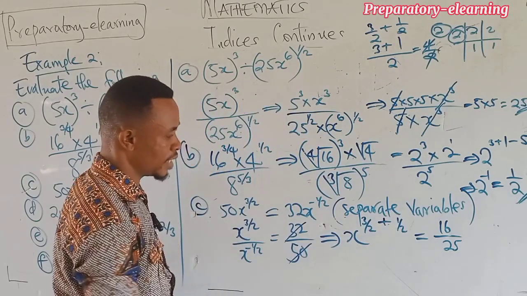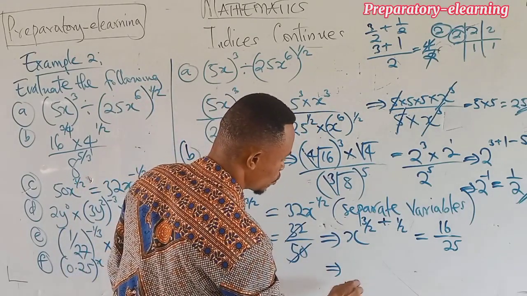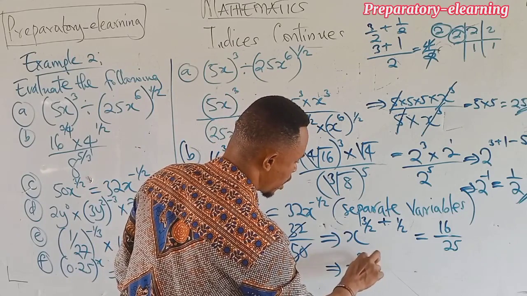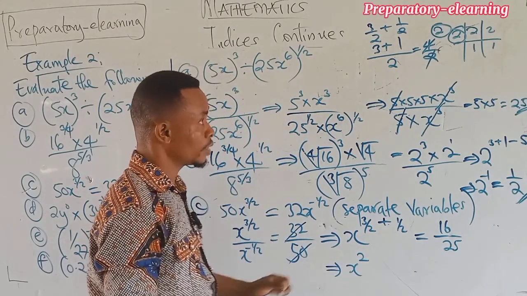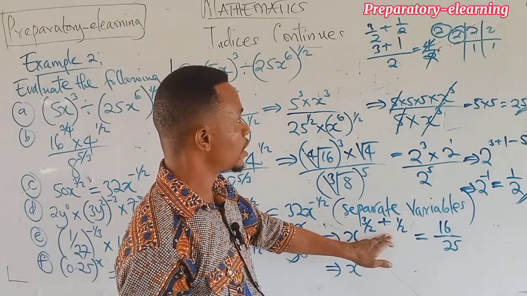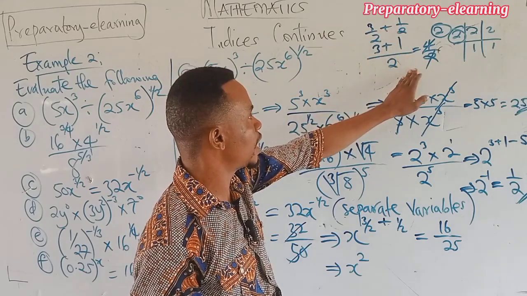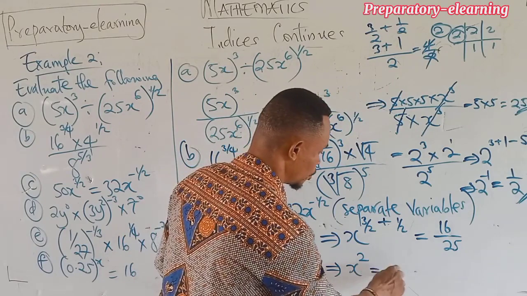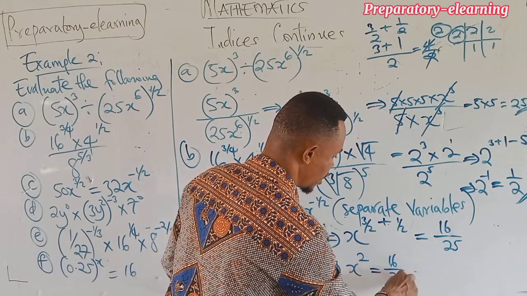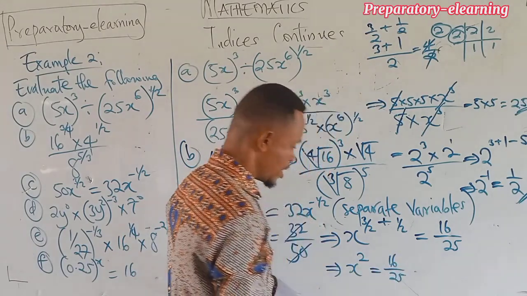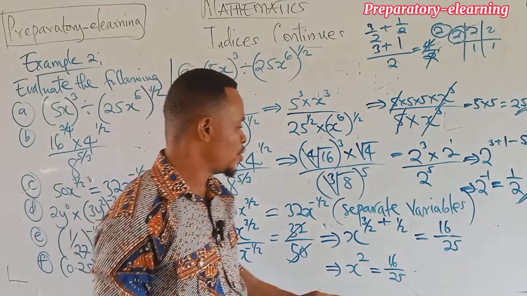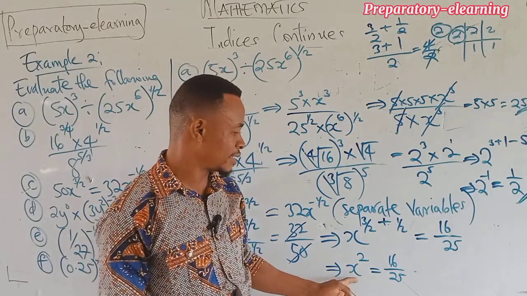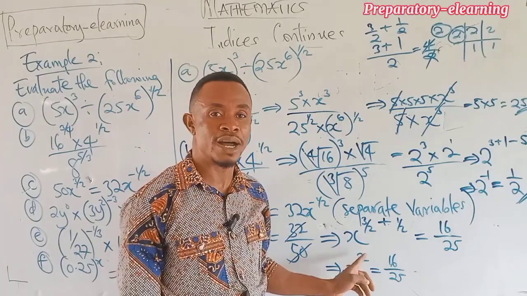So, bring it down there, you have x power 2, a whole of which we have simplified, equals to 16 over 25. Now, how do we solve this? We were asked to find x, but not to find x power 2.